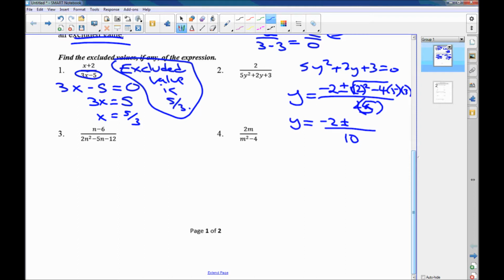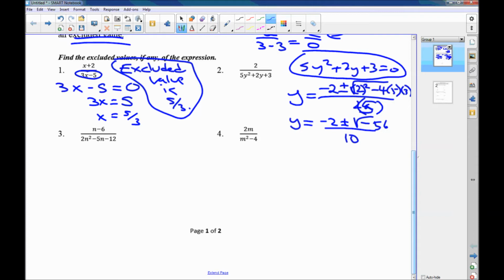So I'm going to pull out the calculator and do 2 squared minus 4 times 5 times 3. It's going to give me negative 56. Now, I know that if I try to type in the square root of negative 56, it's going to give me an error message. So this parabola, if I was to graph it, never crosses the x-axis.